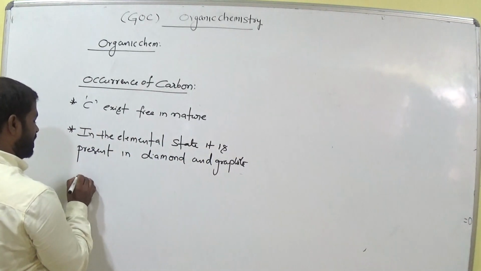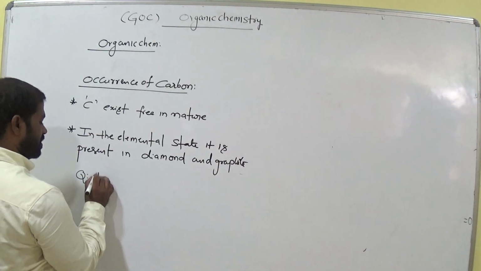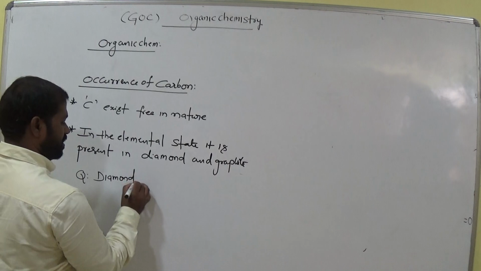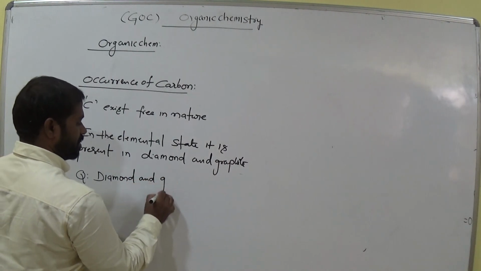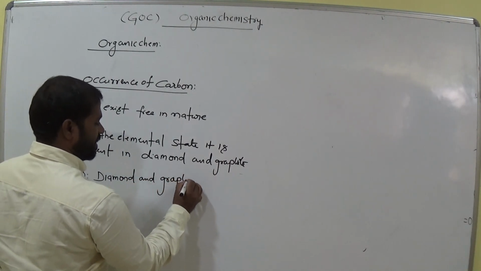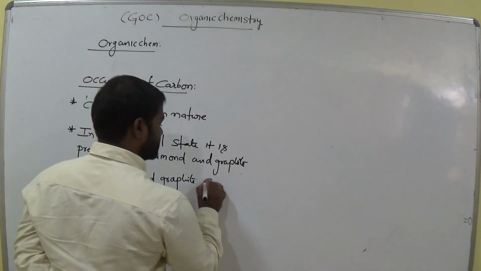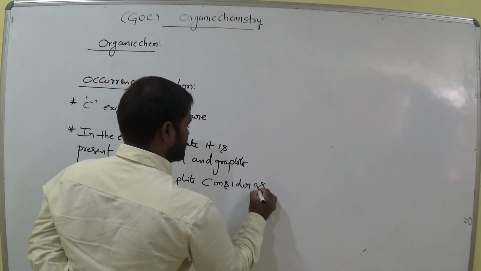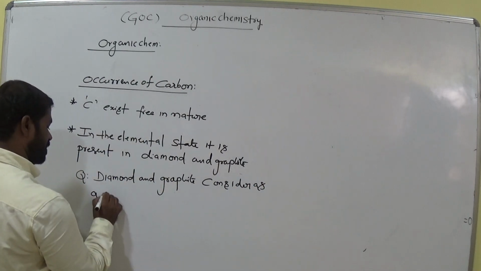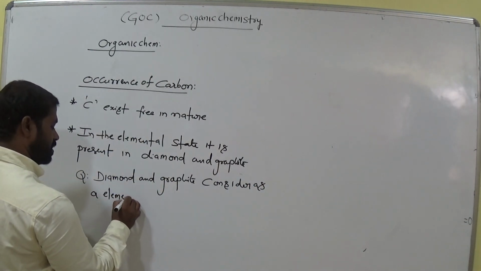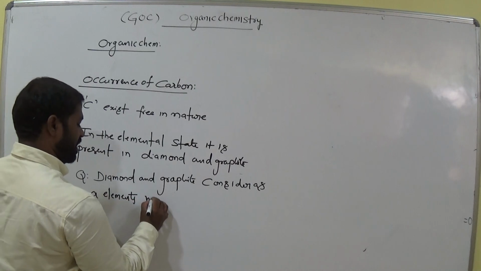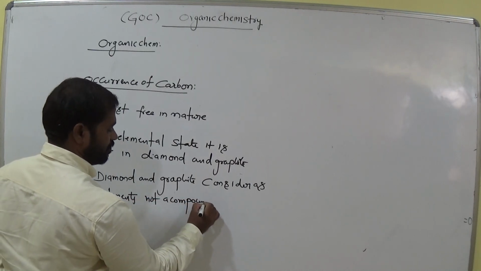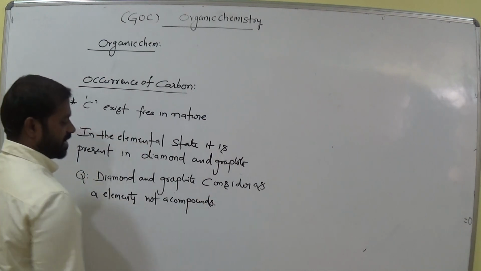So now tell me, diamond and graphite are considered as elements, not compounds.